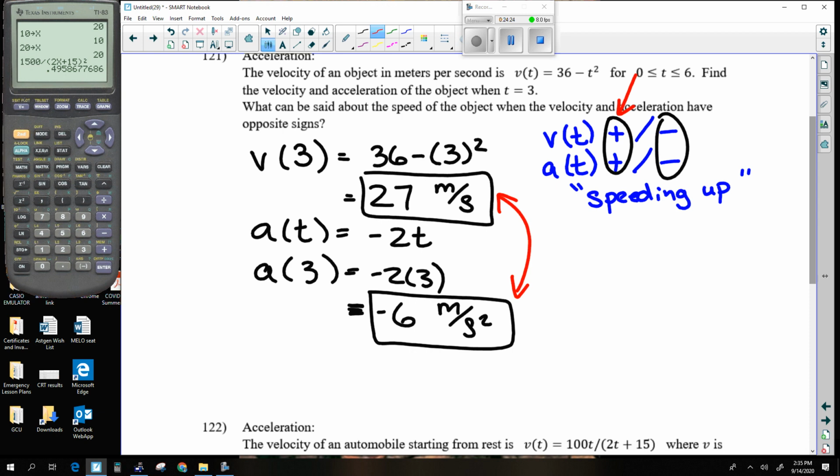So what can you say about this object? This object is slowing down. That's the quote-unquote speed. Speed has no direction, velocity has direction.